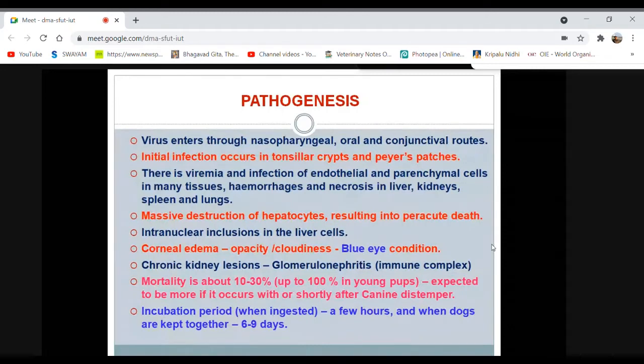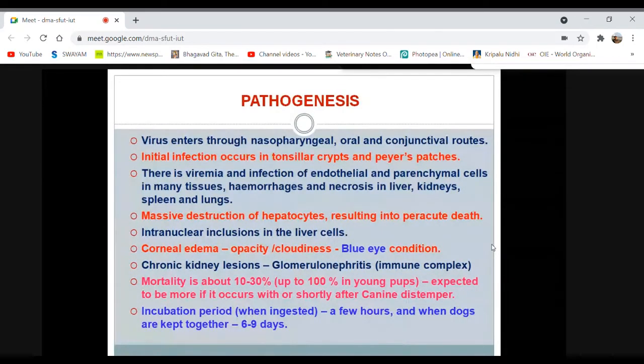Then they get into the circulation causing viremia, and infection of the endothelial cells as well as the parenchymal cells in many tissues and organs, causing hemorrhages. Mostly the organs, as I was saying, are the liver and kidneys, and sometimes the spleen and lungs may be affected, but mostly liver, kidneys and eyes.